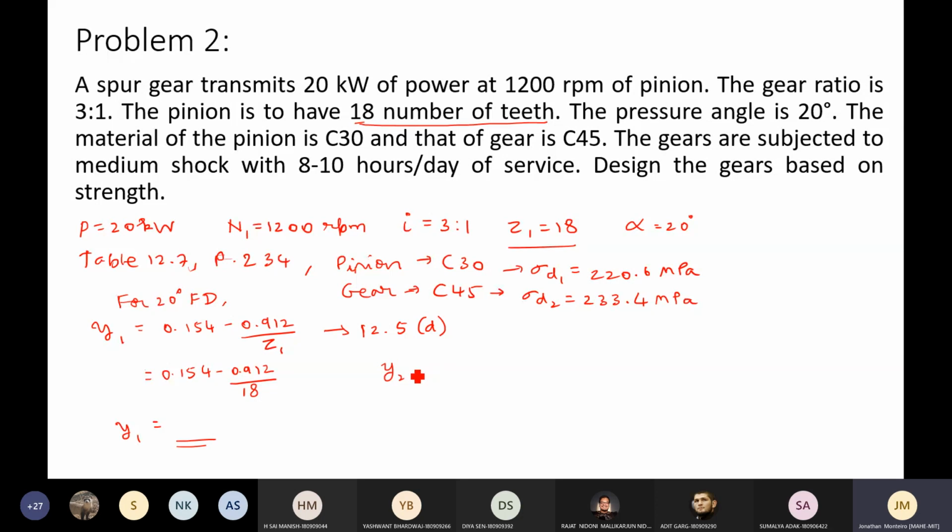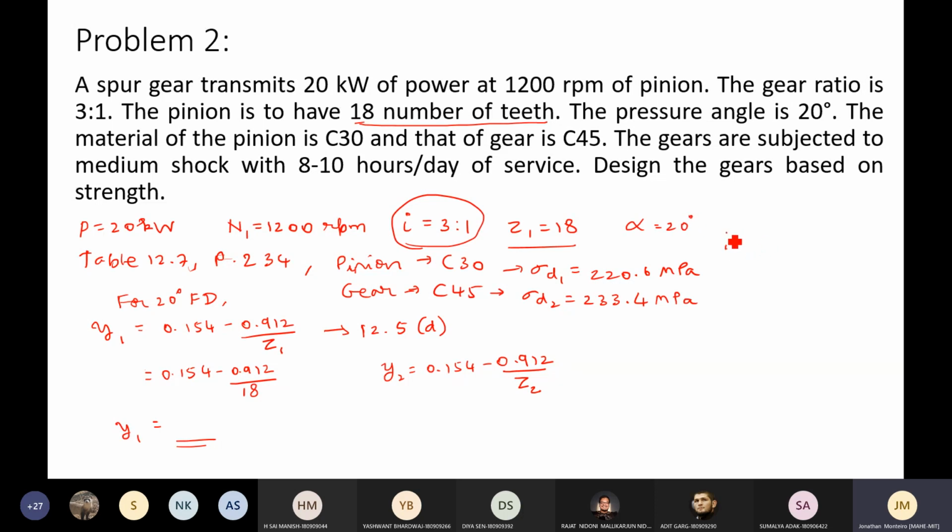Similarly for Y2, 0.154 minus 0.912 by Z2. How do you get Z2? Here we have I as a 3:1 ratio.